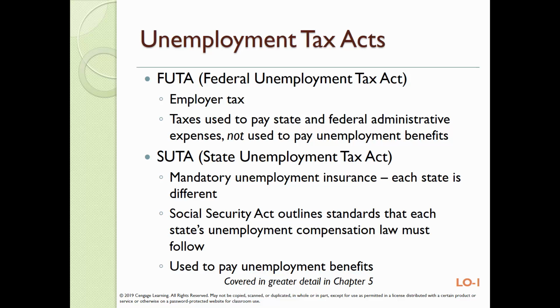But that second little bullet basically talks about what I was saying before, which is statutory soundness. In other words, it looks different from state to state, but you still have to comply with certain parameters or levels or limits. I can't say, in Montana, if you become unemployed, I'm not going to pay out any more than $80 a week to you. Well, that's not a living wage, so that's not doable. So there are limits.